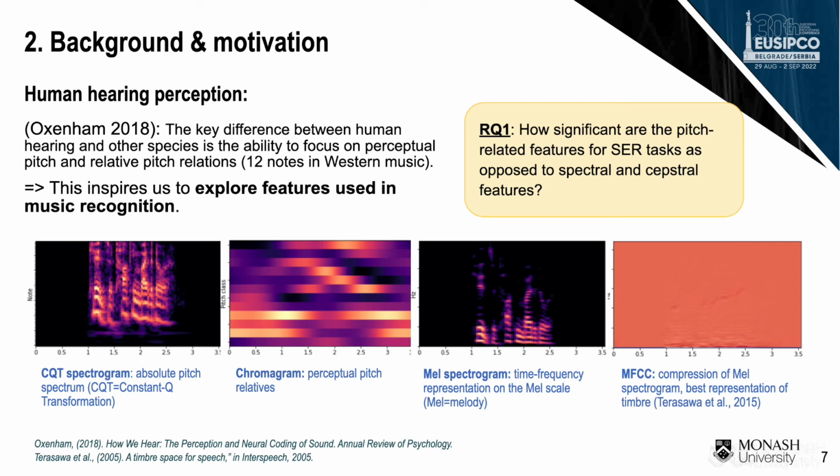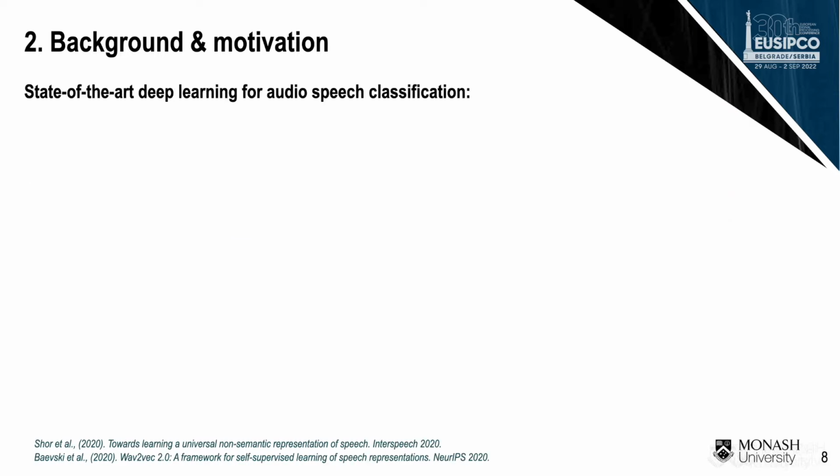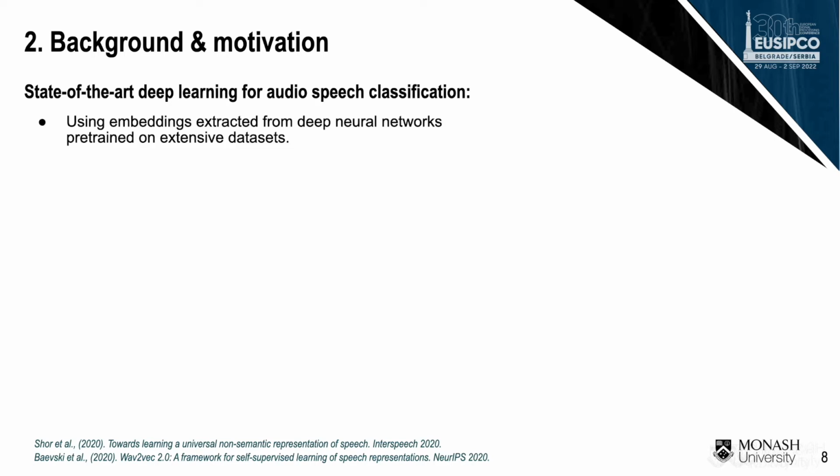A sub-research question is: how significant are the pitch-related features in emotion detection? With the advancements in deep learning, researchers rely on embeddings, which are extracted from the hidden layers of deep neural networks. They are often pre-trained on extensive datasets.